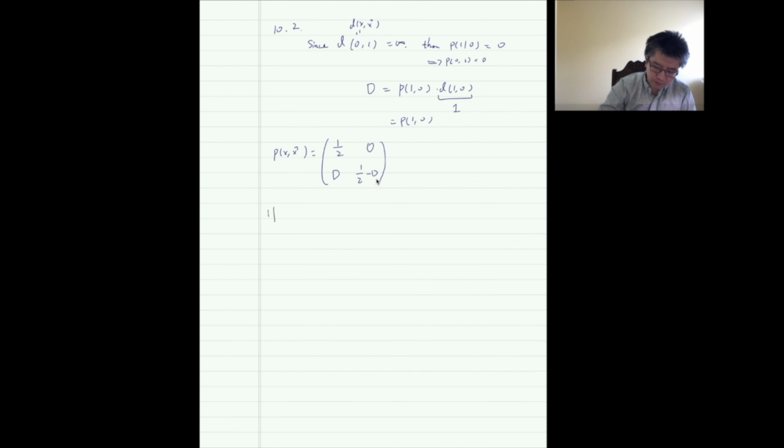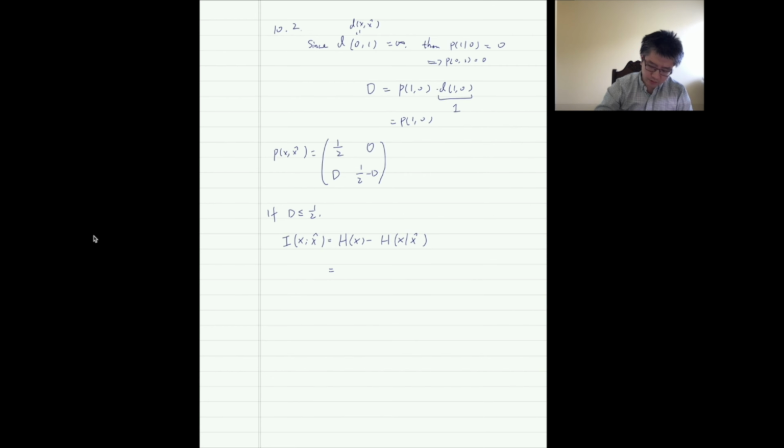Let's see if D is less than or equal to half, and now let's compute the mutual information and see whether it is computable or not. This equals H(X) minus H(X given X hat). Normally we write the mutual information in this way because it's easier to compute this guy.